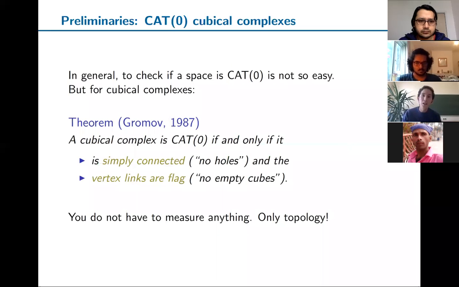But for cubical complexes, there is this really nice result of Gromov that says that a cubical complex is CAT(0) if and only if your space has no holes, so it is simply connected, and it has no empty cubes. So this is really nice because you don't have to measure anything. It is only about the topology of your space. Okay.